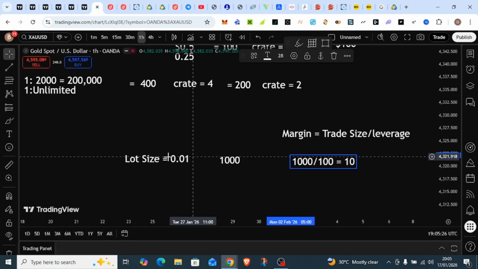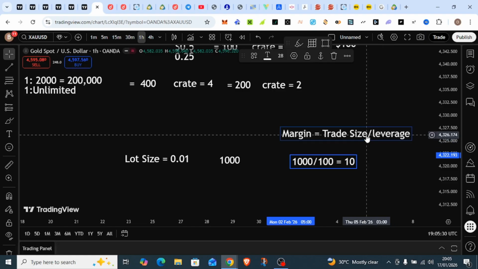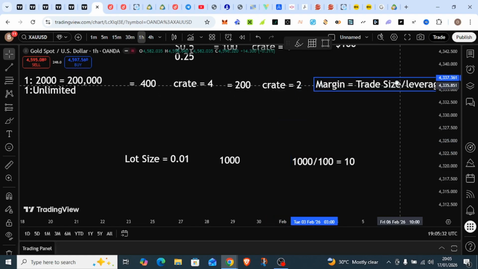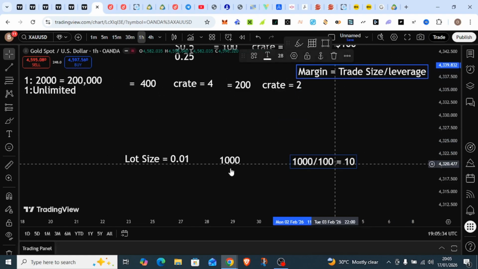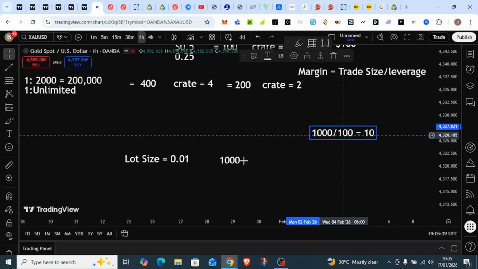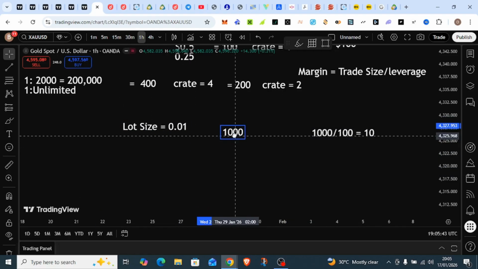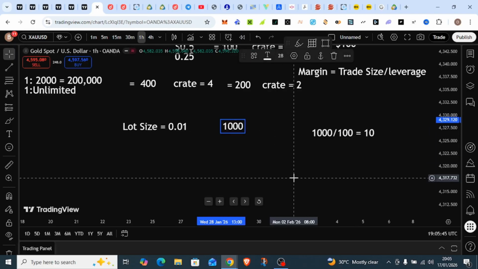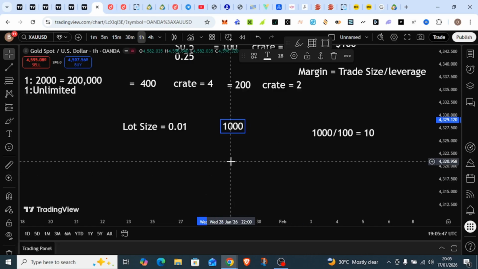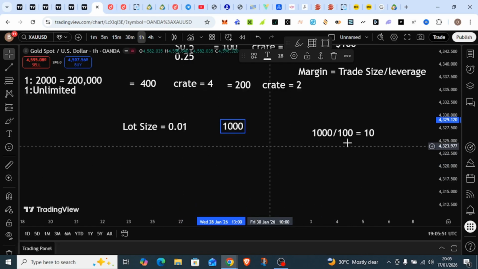If you need a smaller margin, you use higher leverage, so that you have more available margin to place more positions if you want.